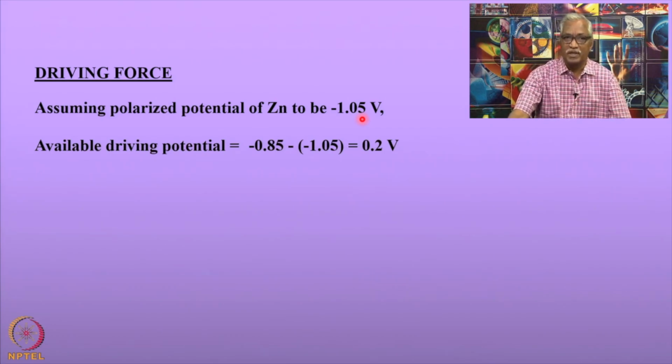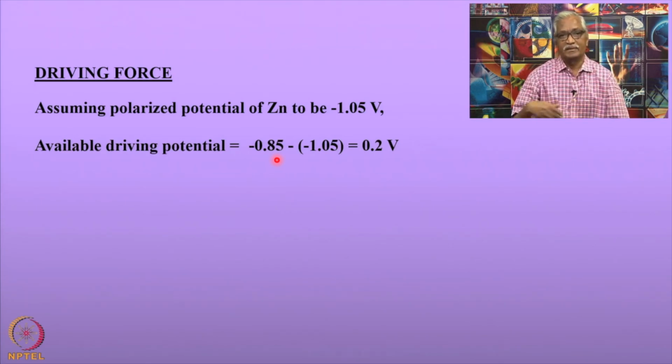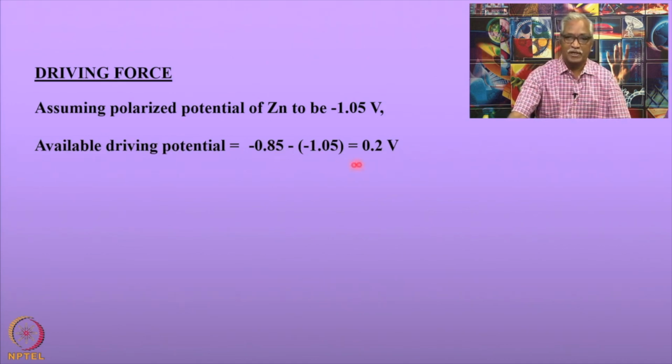So, assuming the polarization potential to be minus 1.05 volt and the minimum requirement for cathodic protection is minus 0.85 volt with respect to pipe to soil, the driving force corresponds to 0.2 volt.